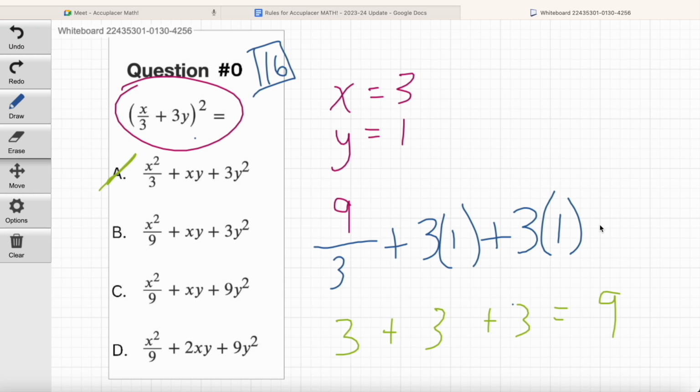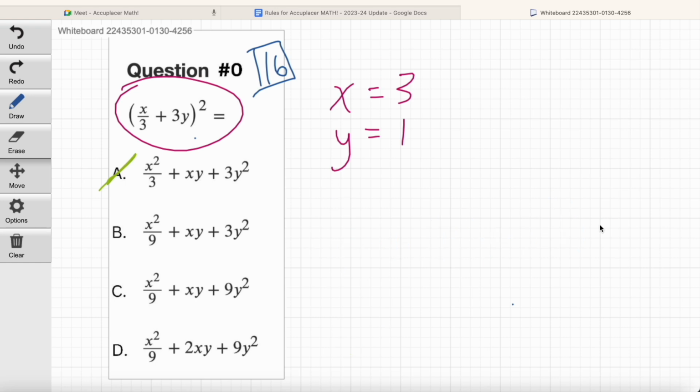Yes. Okay. All right, so let's plug into answer choice B. I'll clear some space here on the whiteboard. Let's just see what happens. Looking good.